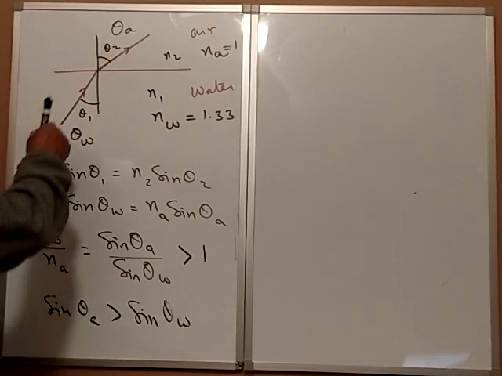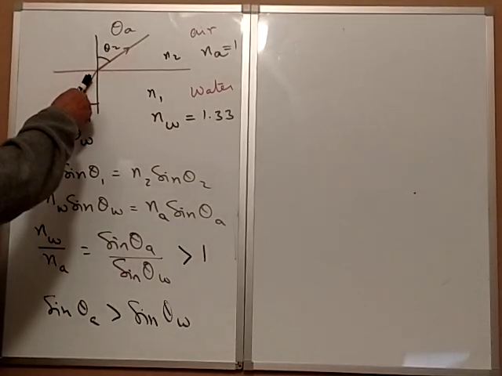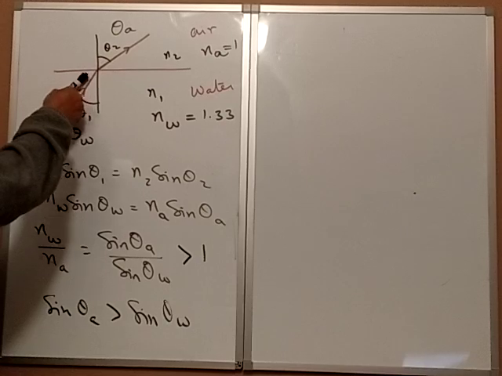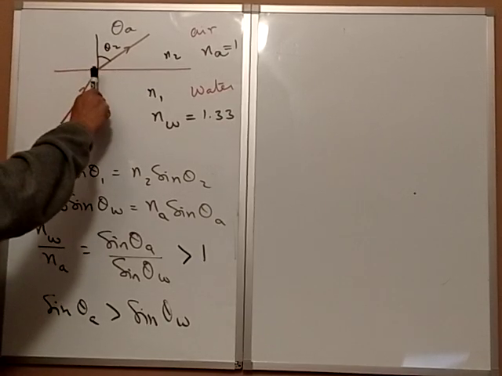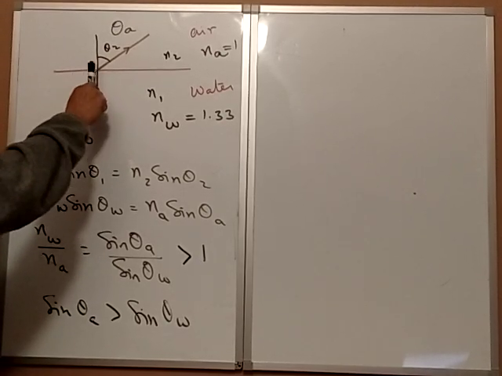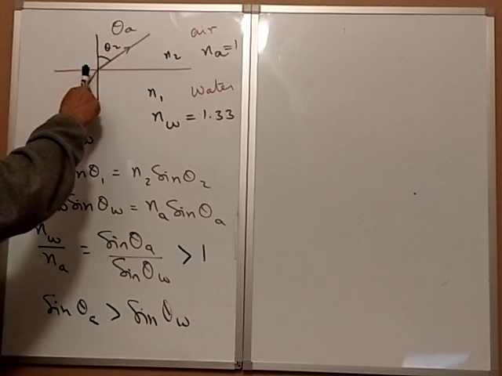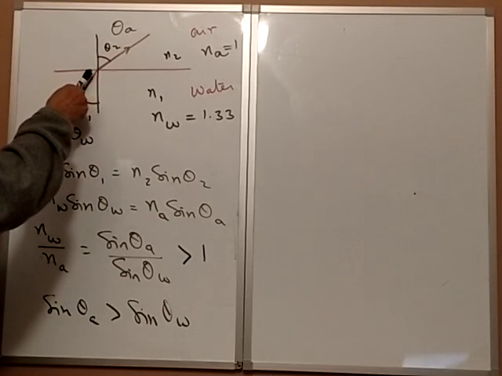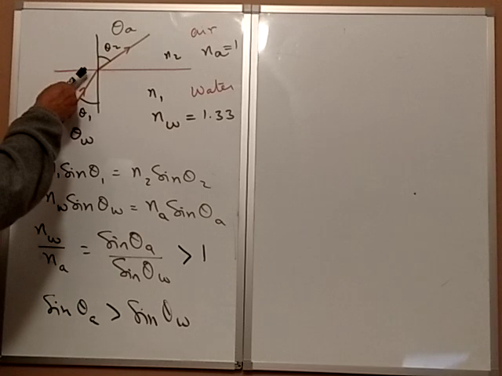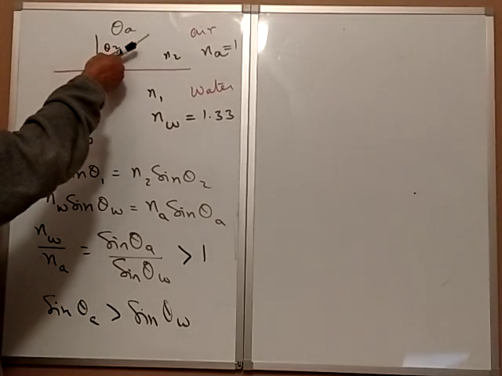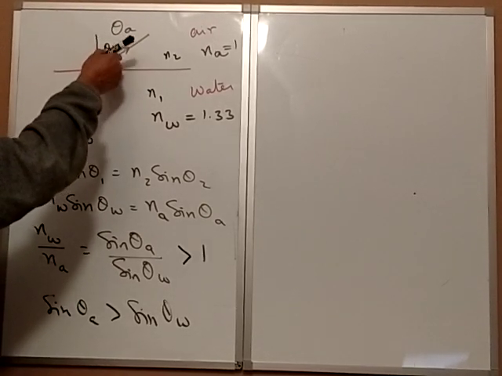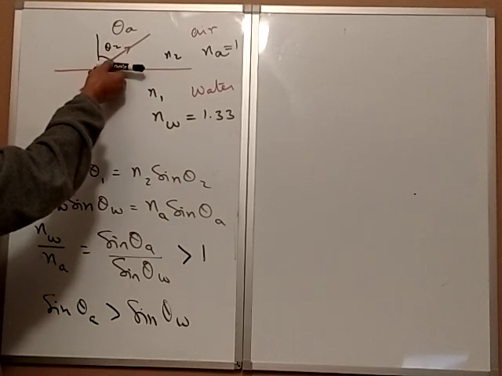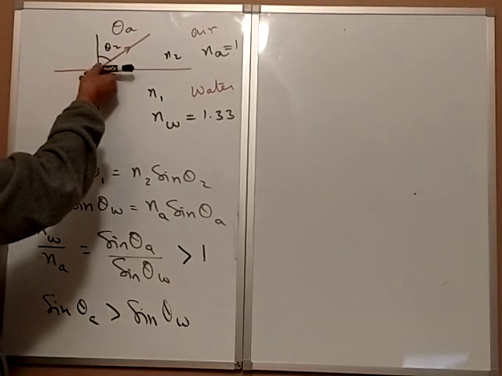So what does that mean? If I increase this incident angle, which is measured, by the way, from the normal, a perpendicular line to the surface, then at one point this refracted angle will be 90 degrees. That means this will be going parallel.